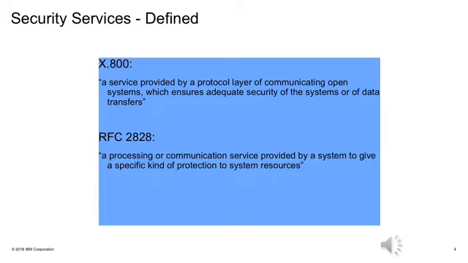Once again, that's a little more clear. It talks about services being implemented by the security enforcement point. Those are the specific kinds of protections and the implementation of the security policies.